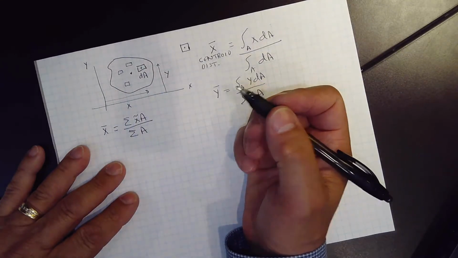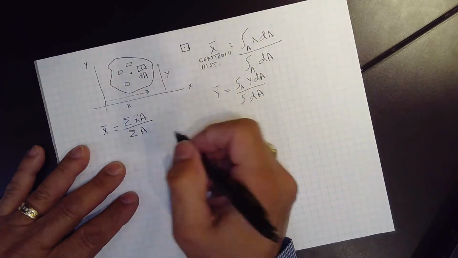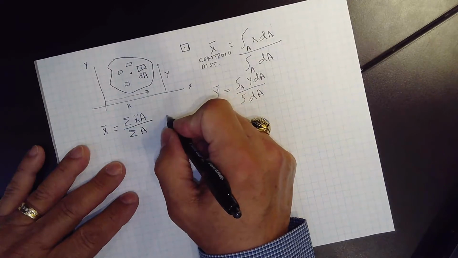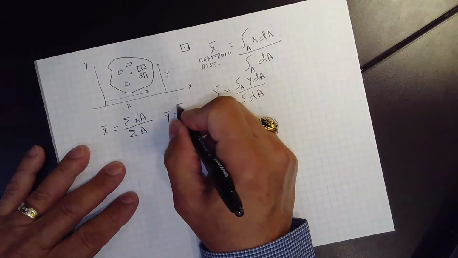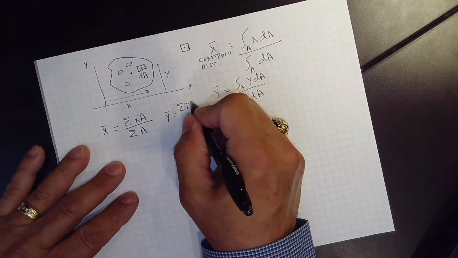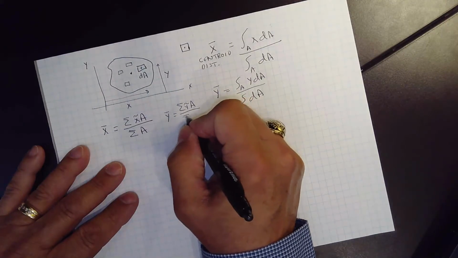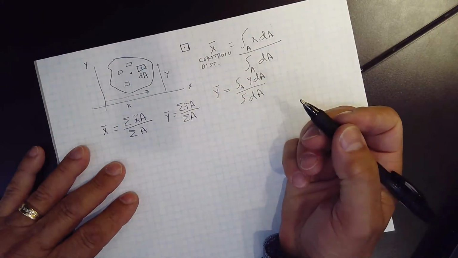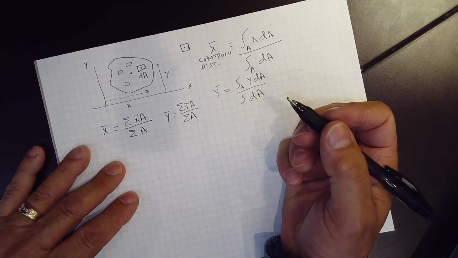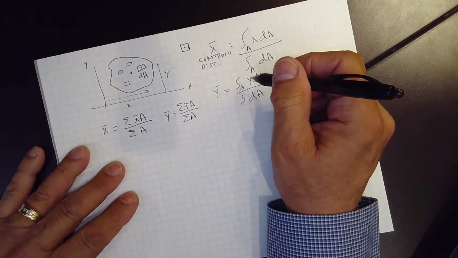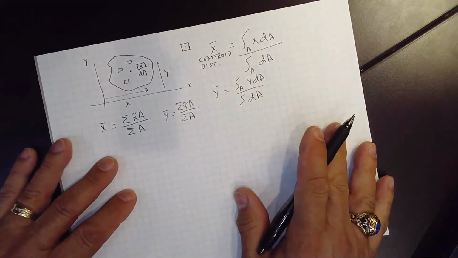All they're really trying to say is we take all of these little individual pieces and sum them up. And the same thing for y bar: y bar is equal to the sum of y times A over the sum of A. A lot of times in engineering, of course, we take integration and break it down into summations.